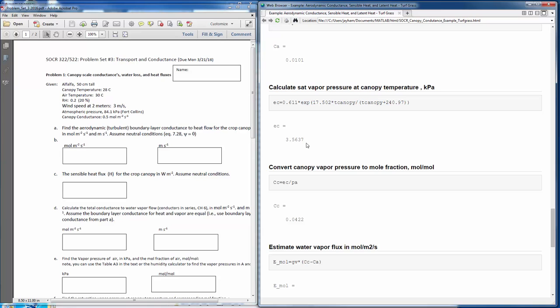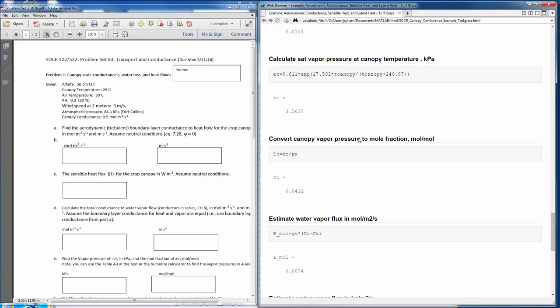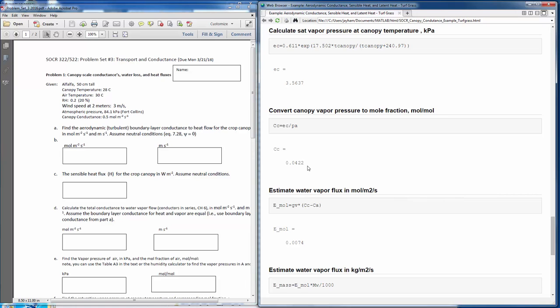Remember, you can always look these up from the table in the back of the book also and avoid having to calculate this and use this formula. Again, to get it into mole fraction, we just divide by total atmospheric pressure. So there we have our moles per mole. This is like the saturated mole fraction inside the leaf.